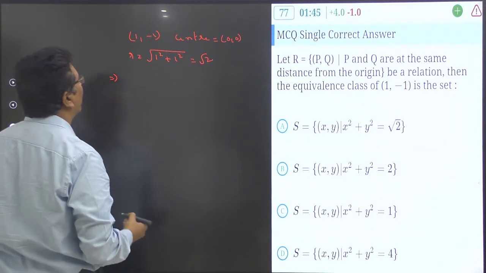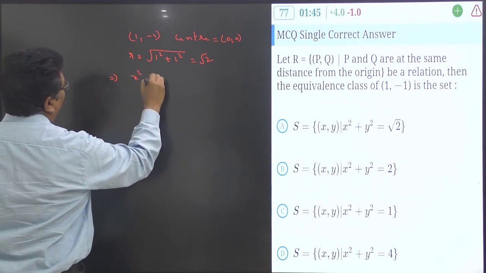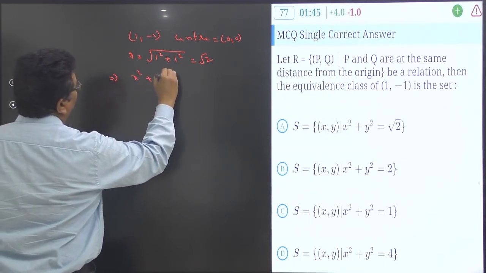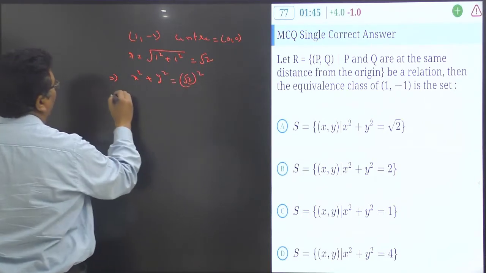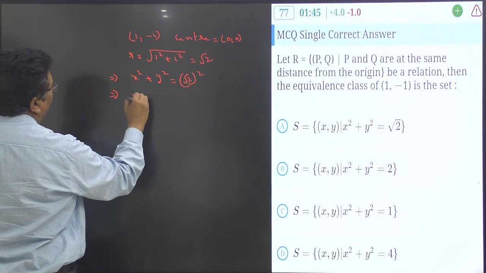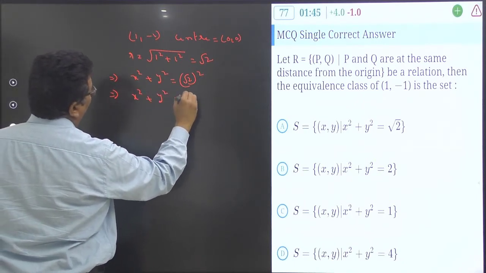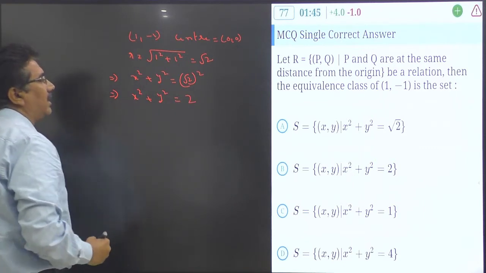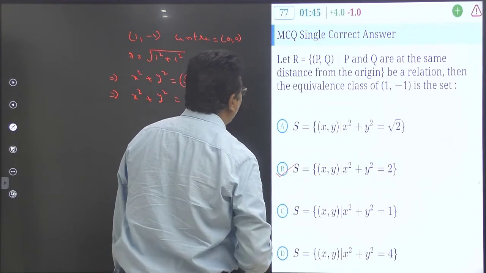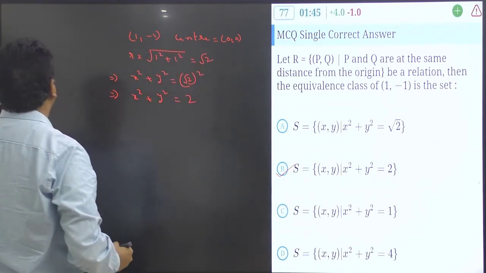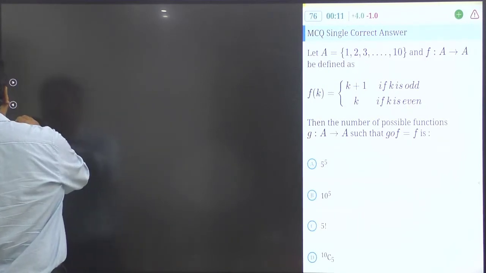The origin is the center of the circle, so that implies x square plus y square is equal to root 2 whole square, that implies x square plus y square is equal to 2. That is the required answer. So option 2 is the answer. Now next, question number 76.